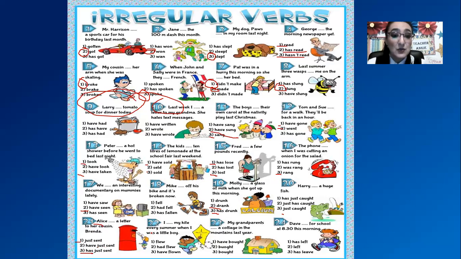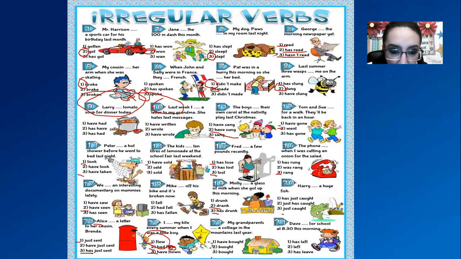That's super cool. 22, I don't know what, my kite every summer when I was a little boy. I flew or I had, well, no, it cannot be. I had flown. Depending, but the better one, will it be the number one? 23, my grandparents, I don't know what, a cottage in the mountains last year.